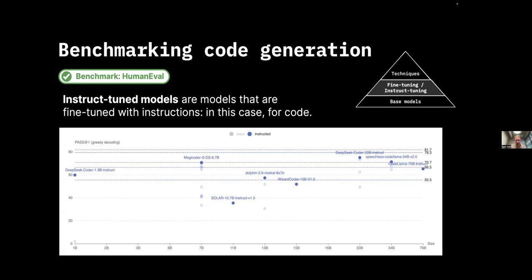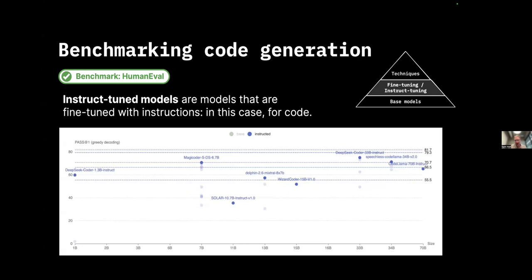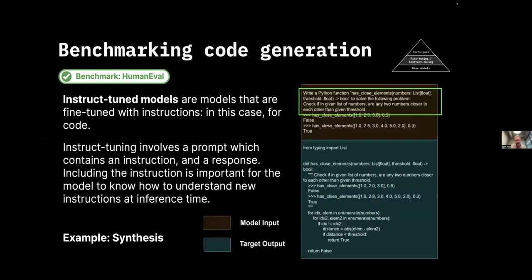In this case for code, as we can see in this graph compared to the previous one, as expected, as with most tasks for LLMs. Now, instruct-tuned models are fine-tuned with instructions, and in this case for code, it involves a prompt which contains an instruction and a response. Following the instruction is important for the model to know how to understand new instructions at inference time. And it's quite dependent on the format, and really you're training it to this particular format.